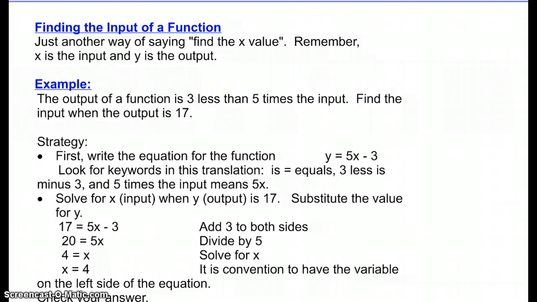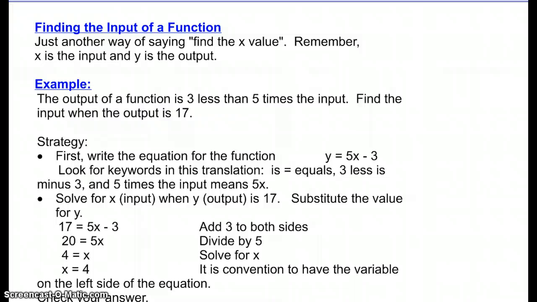Now we're going to solve for the input when the output is 17. That's the original problem. So we're going to substitute the value for y. This becomes 17 equals 5x minus 3. We're going to add 3 to both sides. Remember, we want to isolate the x, so we don't want to have anything subtracted or added on its side.